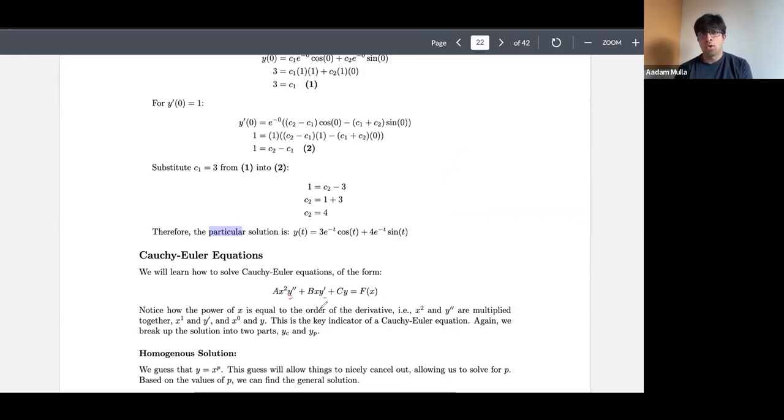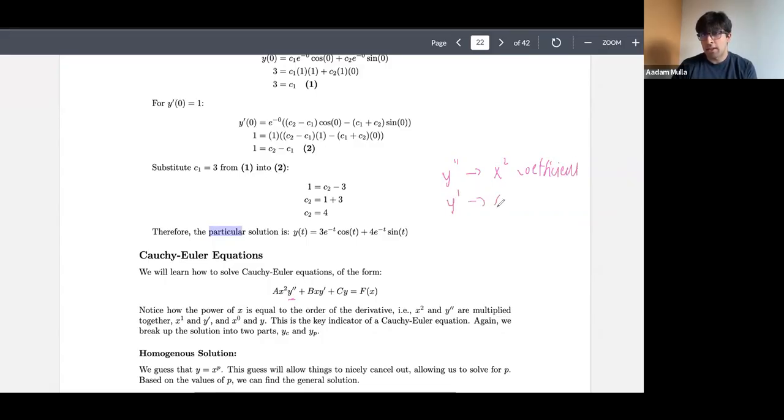Cauchy-Euler equations have the form where, when you see a y double prime, the coefficient in front of it should be x squared.